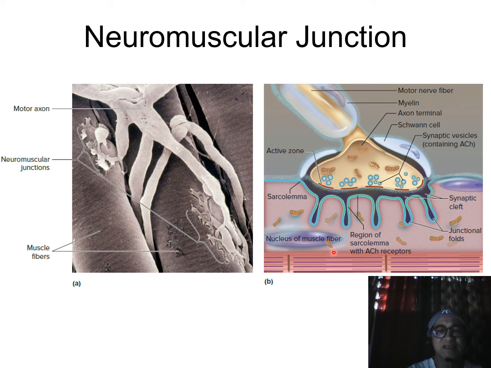Besides the ligand-gated ion channels for sodium and potassium at the motor end plate, you also have lots of transmembrane proteins called acetylcholinesterase, which are enzymes that break down acetylcholine as soon as it binds with the ligand-gated ion channels.